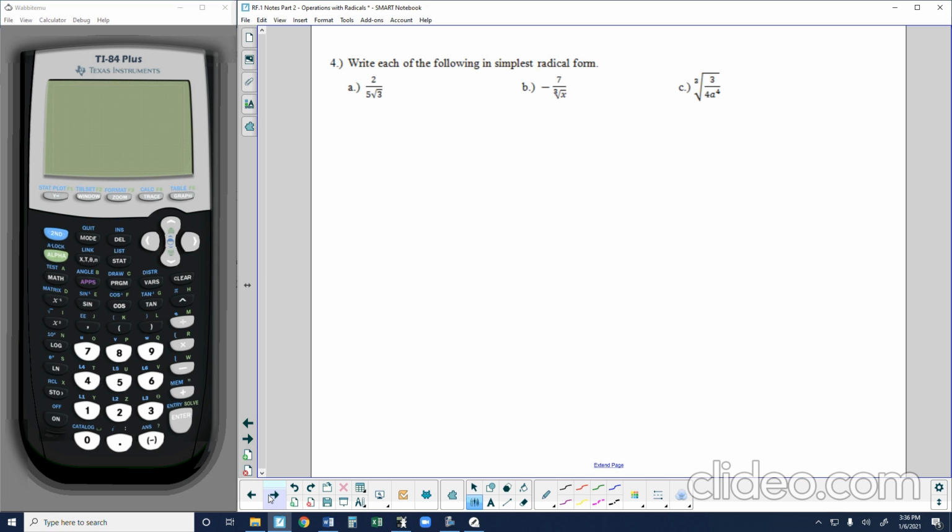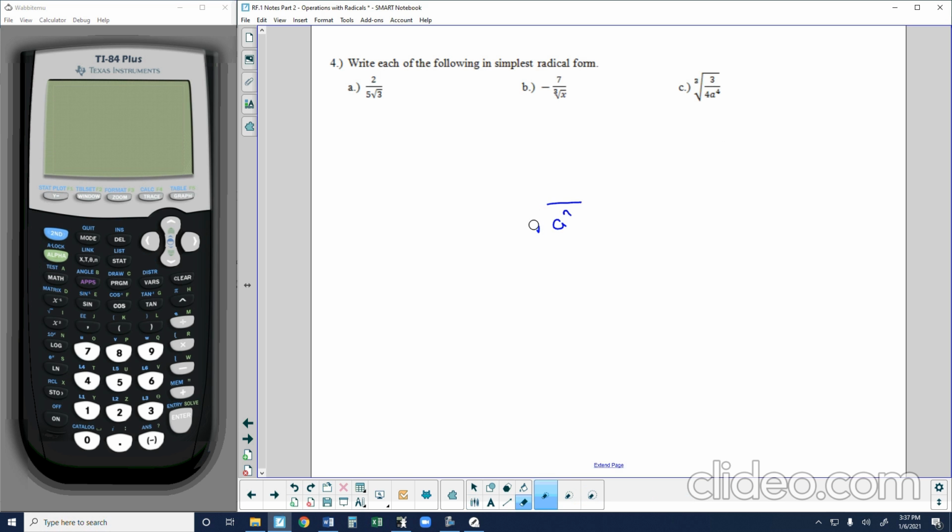So if I take a look at 4, it says to write each of the following in simplest radical form, basically rationalize the denominator. I need to get rid of root 3 in A. Now remember, this goes back to our properties in simplifying. If I wanted to simplify anything to the nth power, a term on the inside would need the same exponent.